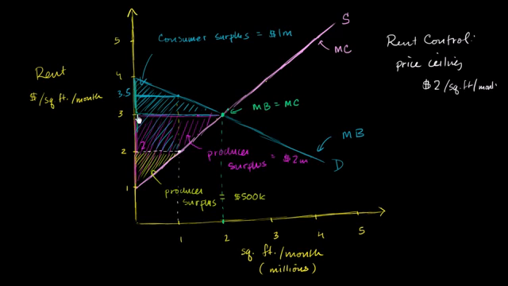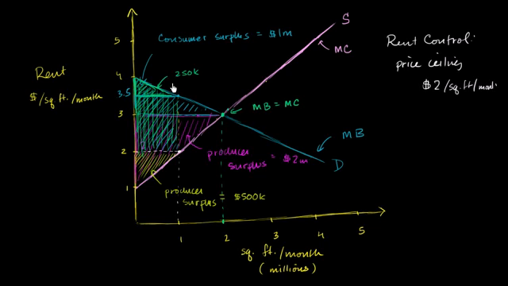And actually, let me do it in a different color. In this green area right over here, what is it going to be? Well, the area of this thing right over here is 1/2 times 1 times 1/2. So this right over here is 250K. And we add that to this area right over here, which is $1.50 per square foot per month times 1 million.